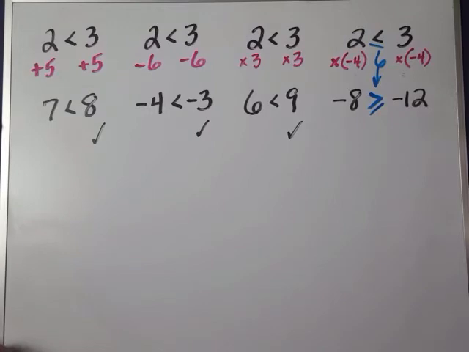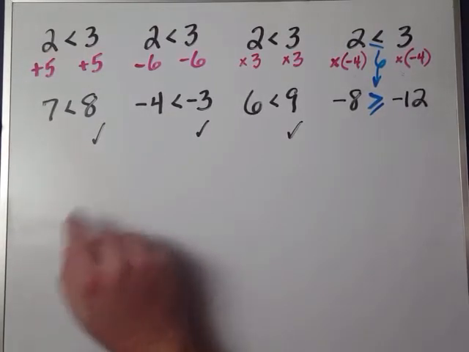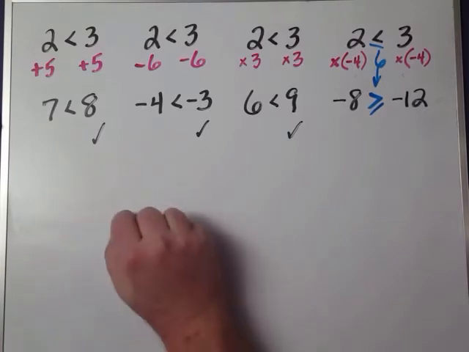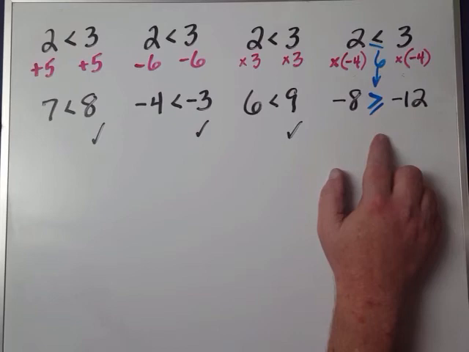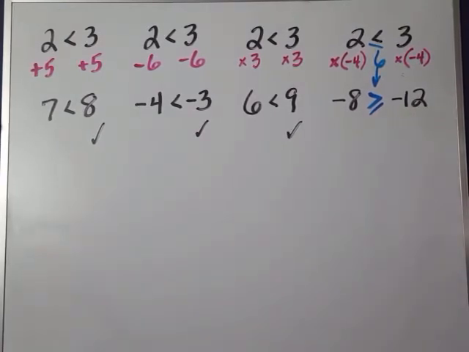You just turn him around. You can add, subtract, multiply, divide both sides of an inequality just like an equation, except if you multiply or divide both sides by a negative, you must switch the sense of your inequality so that your next step is still true.